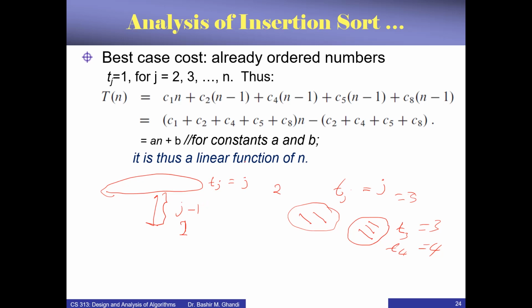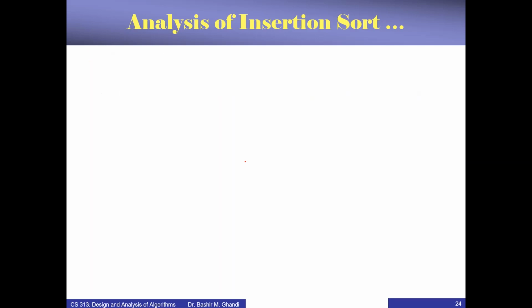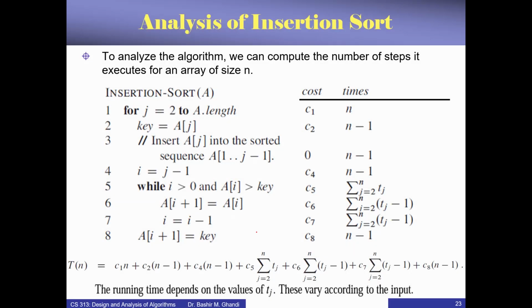So if you go back to our original running time function, this now becomes summation of j, because tj is equal to j. So summation of j for j from 2 to n.